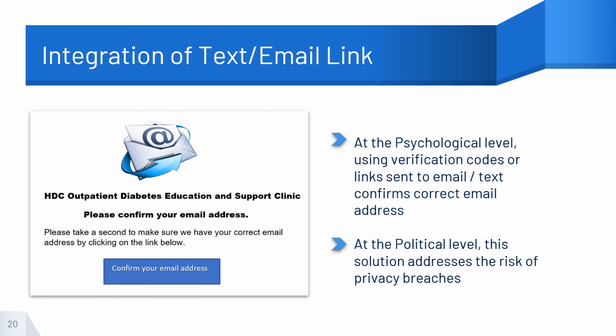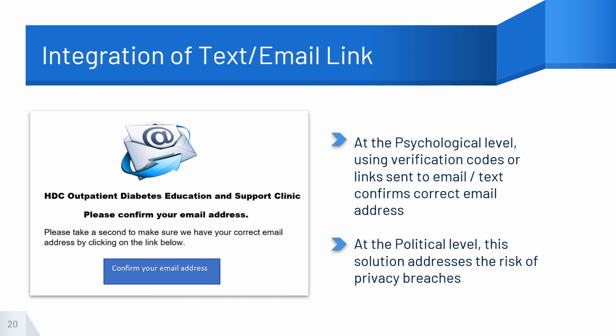Another technical solution would be an integration of text or email message verification codes. A report published by Verizon in 2018 revealed that the healthcare industry is nearly 7 times more likely to have an error causing data breaches than any other industry. A technical solution to resolve the issue of potential typographical errors is to send a verification code to the patient with a link to verify the correct email address was provided.